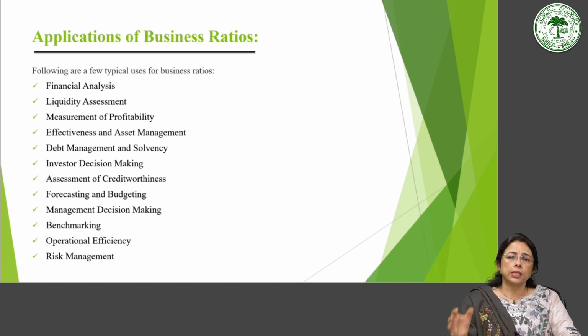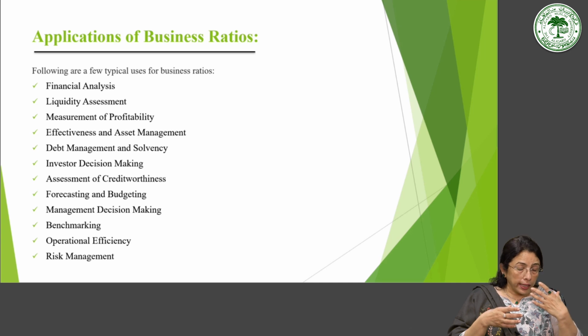Next is forecasting and budgeting. In the process of forecasting and budgeting, the ratios are used, obviously, because these ratios study the past data that has already taken place, maybe the previous year's profits and the previous year's balance sheet.